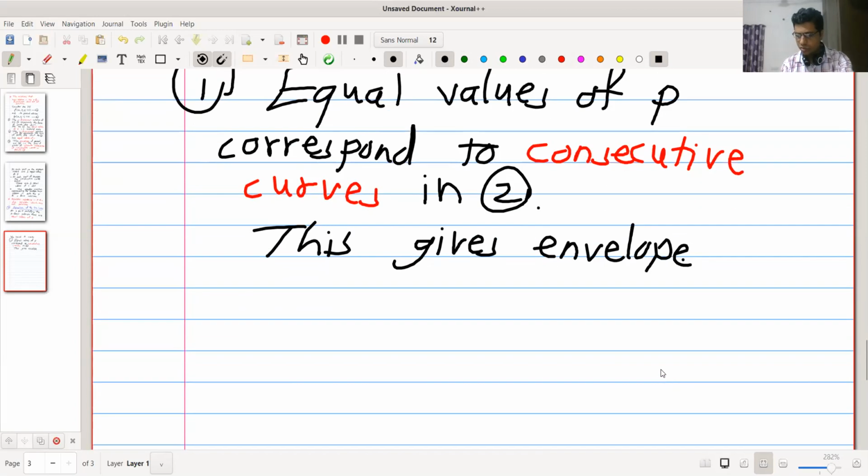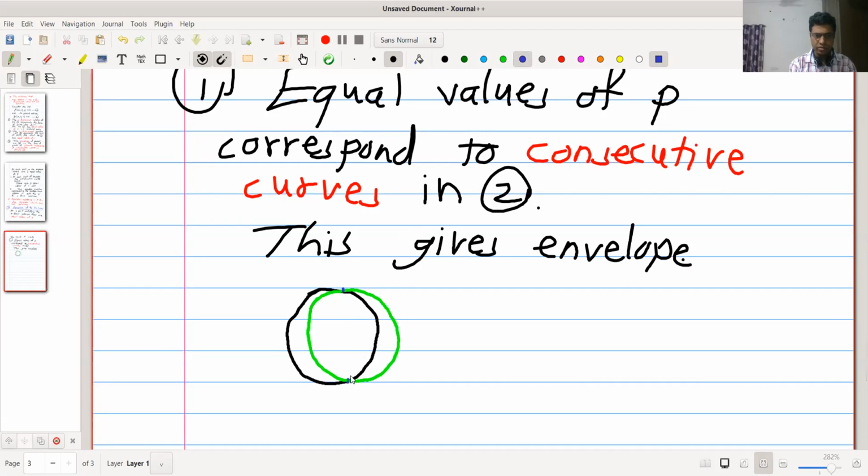So we have one curve and consecutive curve. These are points of intersections.